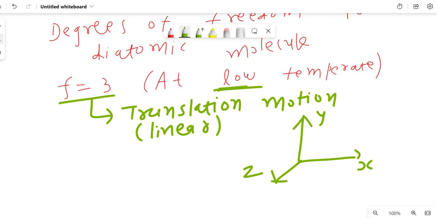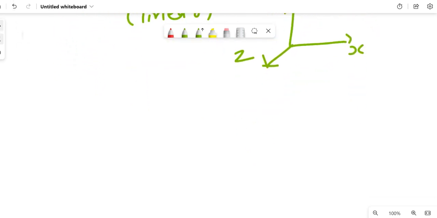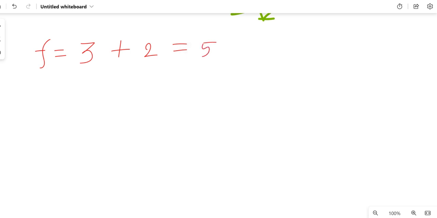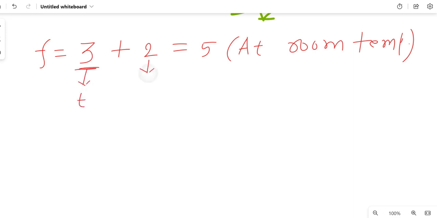When you come to room temperature, degrees of freedom also arise due to rotation. So your degrees of freedom will be 3 for linear and 2 for rotation, so the total degrees of freedom will be 5 at room temperature. The 3 is due to translation motion and the 2 is due to rotation motion.